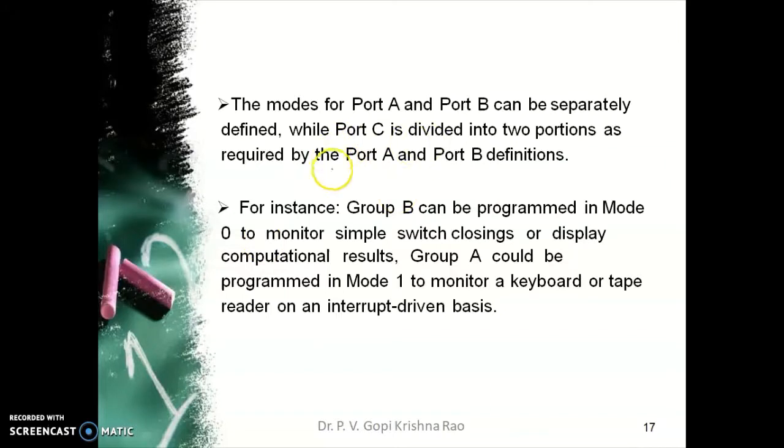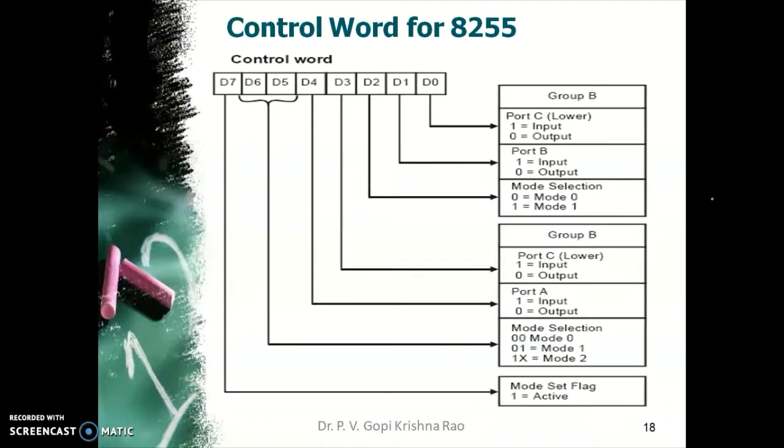Port C upper is associated with port A. Port C lower is associated with port B. So for instance, group B can be programmed in mode 0 to monitor simple switch closings or display computational results. Group A could be programmed in mode 1 to monitor a keyboard or tape recorder on an interrupt driven basis. So different ways in which you can use: port B in mode 0, port A in mode 1 of operation.